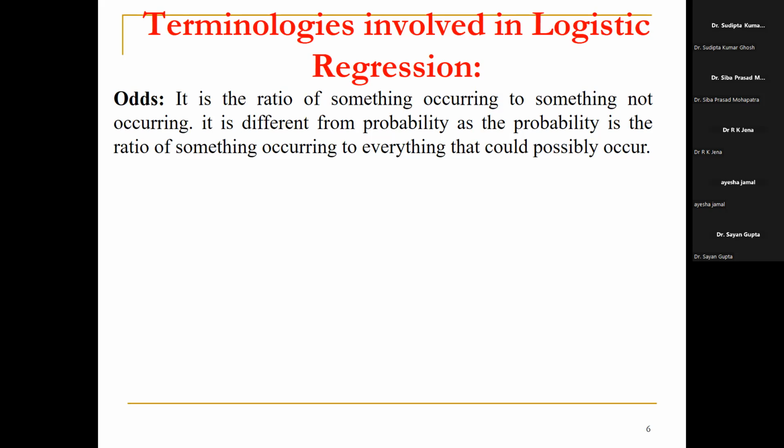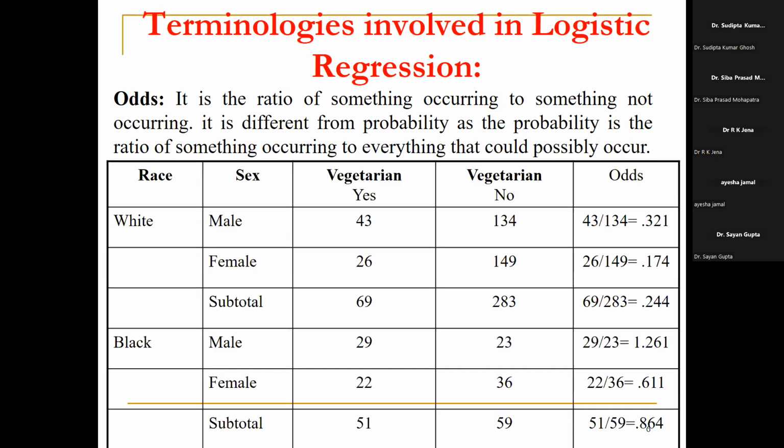Take an example here. There you can understand clearly how you can define the odds ratio in logistic regression. If you don't understand the odds ratio in logistic regression, you cannot analyze the output of logistic regression. Here we have different variables: race, sex, and vegetarian, yes or no. In race, we have two groups, white and black.